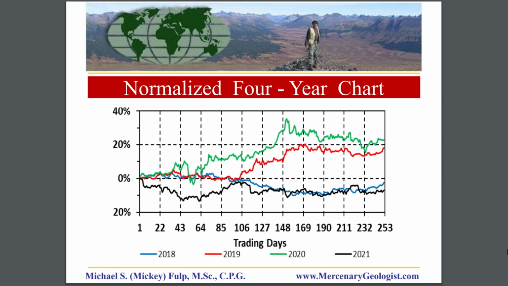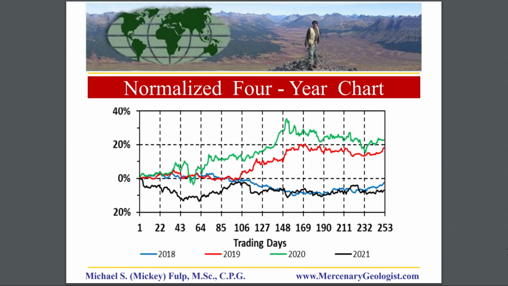Then this example shows how we normalize it. So we do it in 4-year trading blocks because it gets too messy and you can't see the yearly trends if we put more. So we've got 13 of these 4-year blocks. This shows 2018, 2019, 2020, 2021.